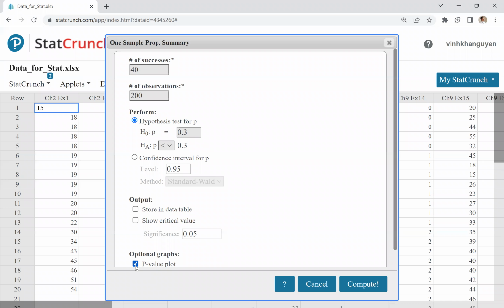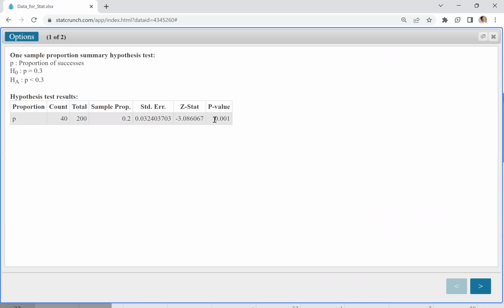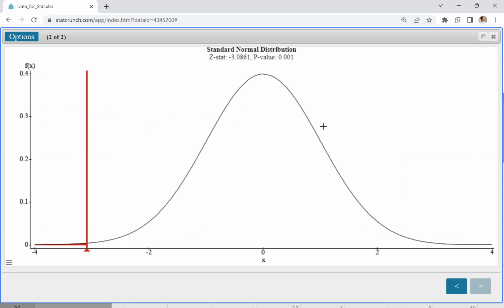Get a p-value plot here so you can see what the p-value looks like, and hit Compute. We have the p-value, pretty small, 0.1%. And here comes the plot. This is the p-value, this small area here, and the test statistic is drawn here. It is the z-stat because we use the standard normal distribution for proportion.